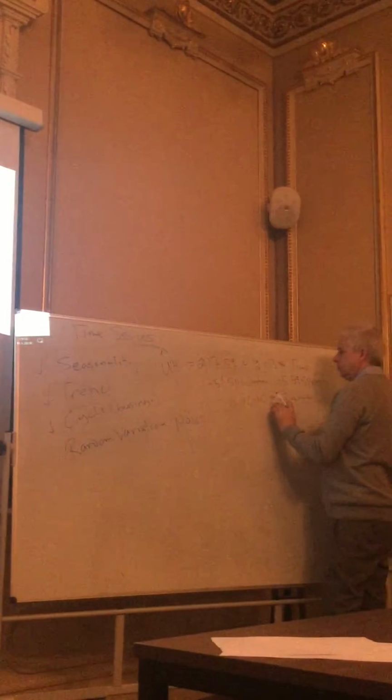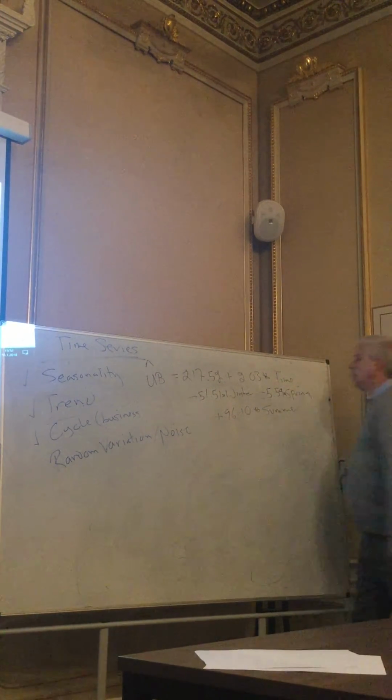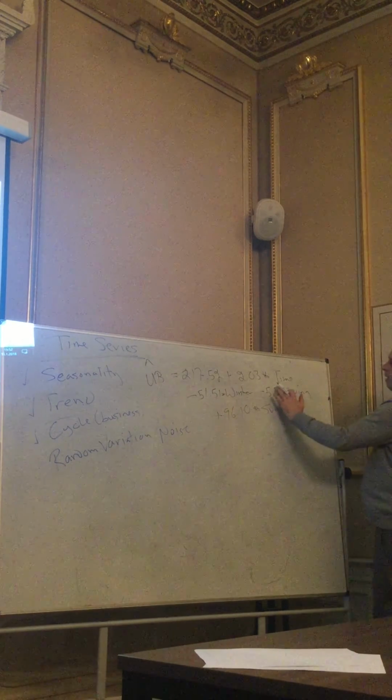We've got a model right now that says utility bills, I'll put a hat over it, equals 217.5 plus 2.03 times time, minus 51 times winter, minus 5.59 times spring, and plus 96.10 times summer.